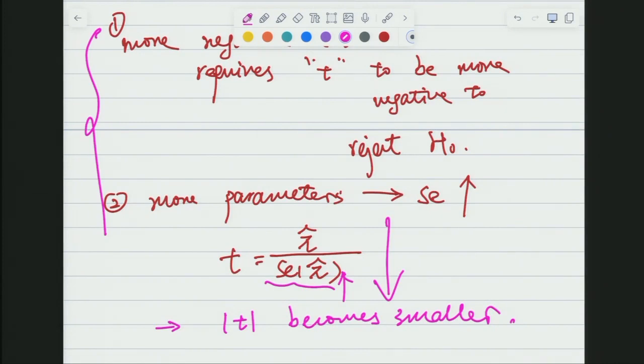So the next question is, how can we pin down the correct test specification? Essentially, we want a procedure that allows us to pin down the specific test we should use. Typically, we should follow a general to specific procedure.